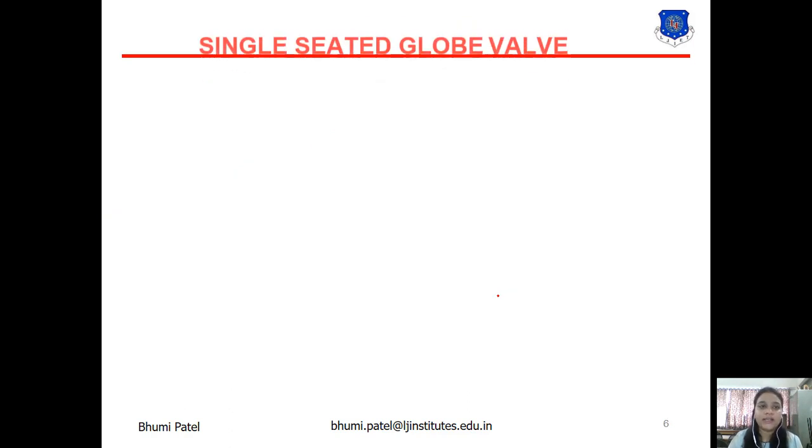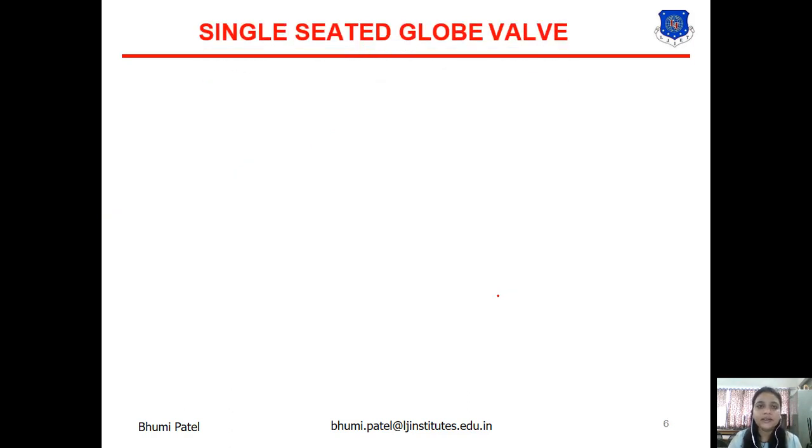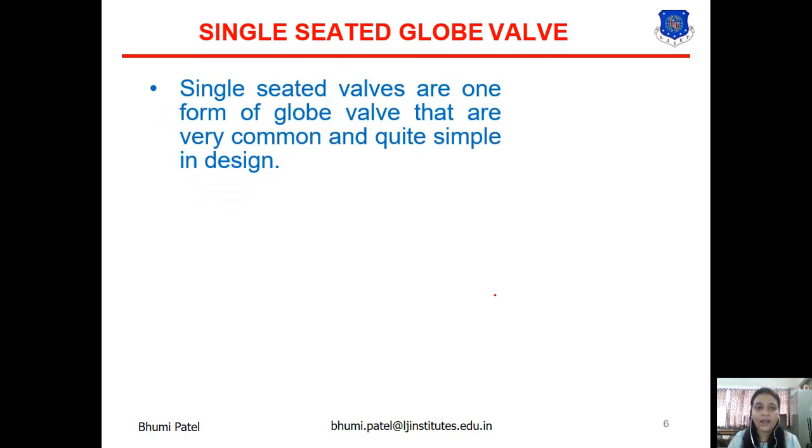The first valve is the single seated globe valve. The single seated globe valve is one form of the globe valve that is very common and quite simple in design, because in the single seated valve we use only one input and one output.